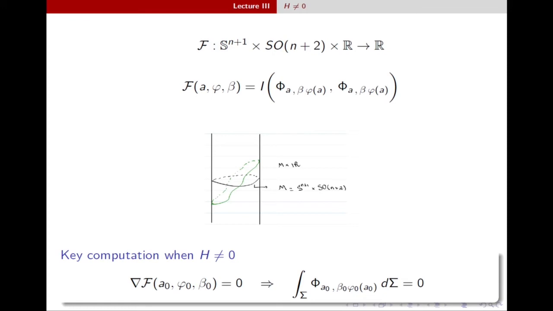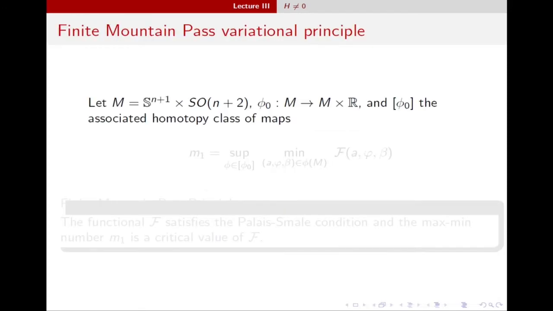So our next step was to prove the existence of critical points, right? And for that we used the finite mountain pass variational principle for finite dimensional manifolds, such as the cylinder we are considering here, okay? So, and then we proceed as usual, right? So we look at the inclusion of the horizontal slice in your manifold, and we looked at maps which are homotopic to that one.